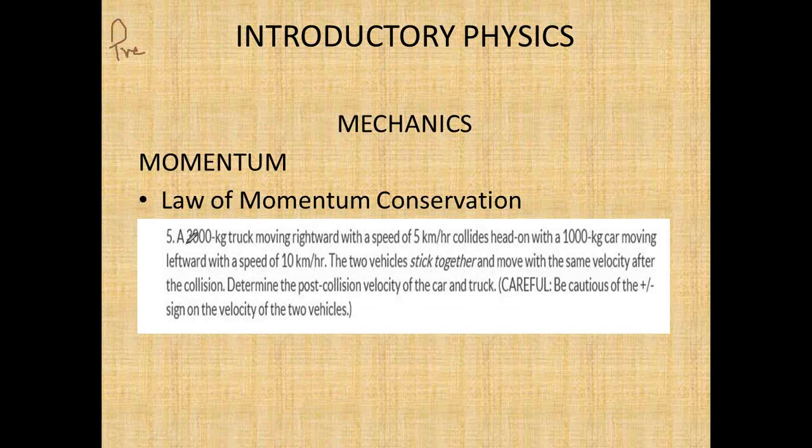Objects moving downward have negative velocity. Objects moving towards the left have negative velocity. For the truck, it's moving rightward, so the mass is 3,000.